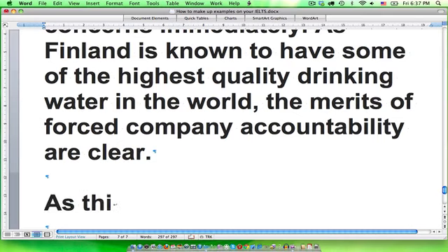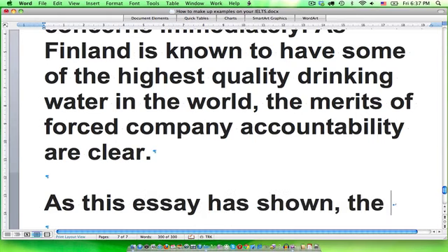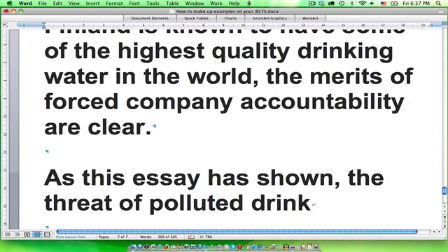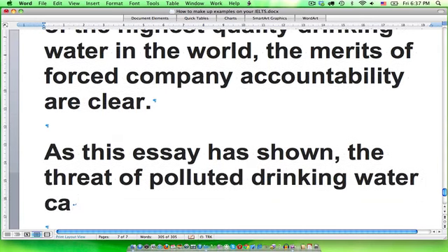So perhaps we would start with something like, as this essay has shown, the threat of polluted drinking water can be countered.